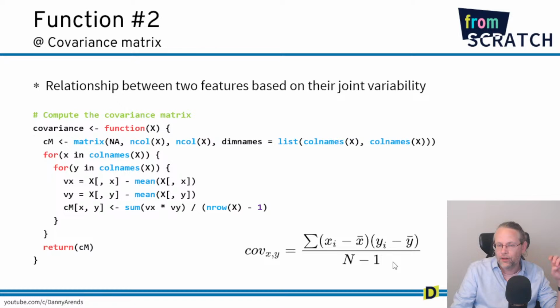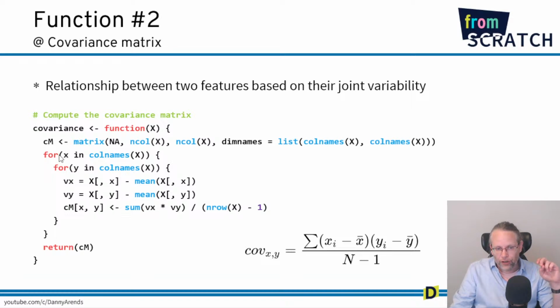So the dividing here is standardizing based on the number of values that you have. It is minus 1 because you lose 1 degree of freedom. You could argue about why not divide by n. It doesn't matter too much, but the covariance definition is to divide by n minus 1 because you lose 1 degree of freedom because of the mean calculations.